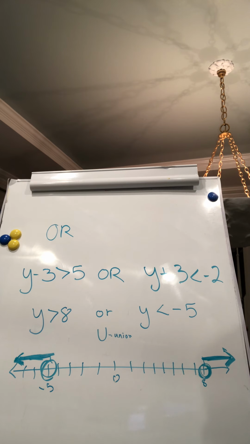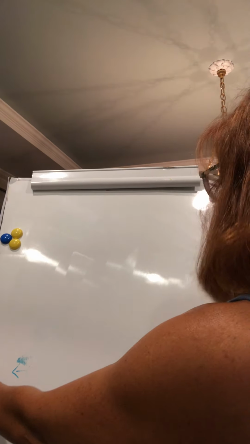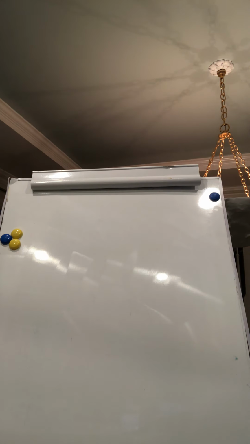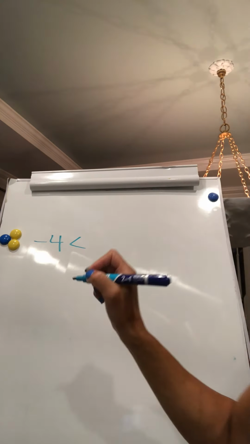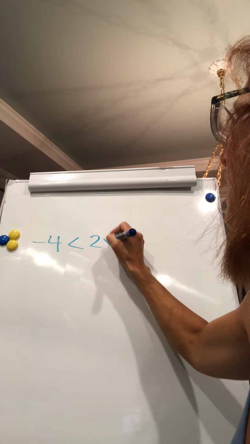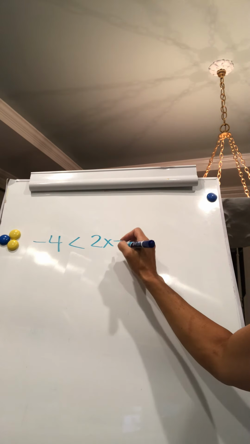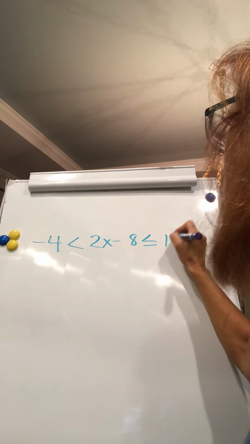All right, the other kind is an AND problem, or a compound inequality where there are two inequality signs going in the same direction. So for example, if I have -4 less than 2x minus 8 less than or equal to 10.